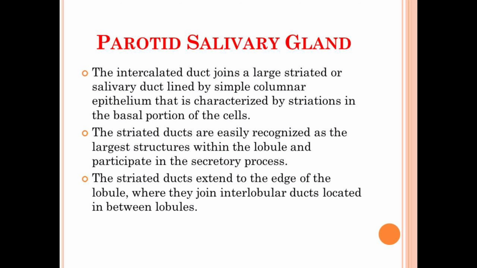So simply, this is a series of a network in which the acinus opens into a short intercalated duct. The intercalated duct will join with a salivary or striated duct, which helps in the secretory process and joins with the interlobular ducts present in between the lobules.